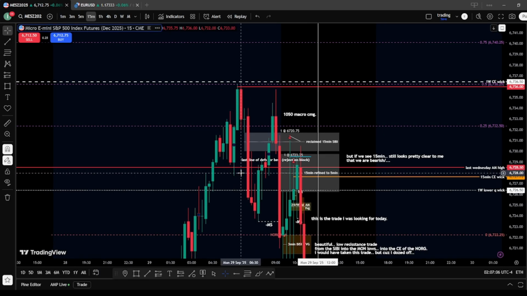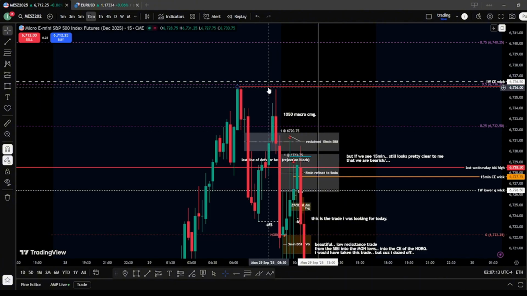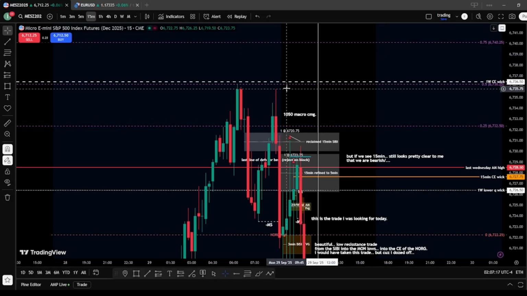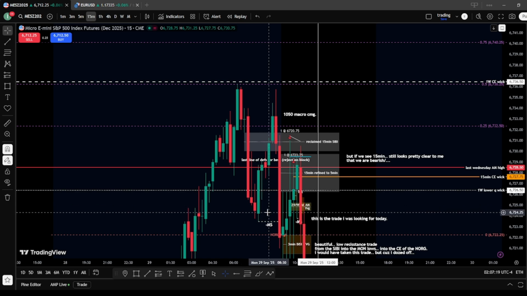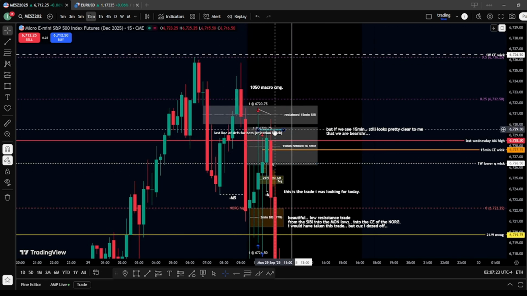Then it came down lower. I see this market structure shift, fair value gap displacement, came up higher once again, then trades lower, and again we got another displacement and fair value gap.